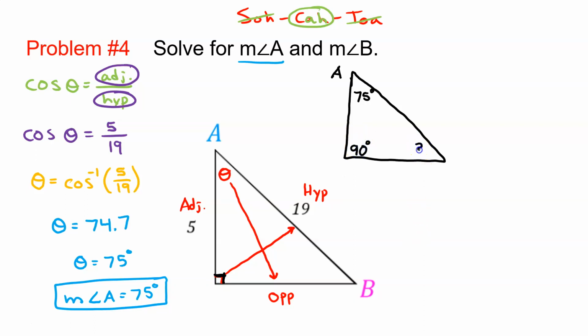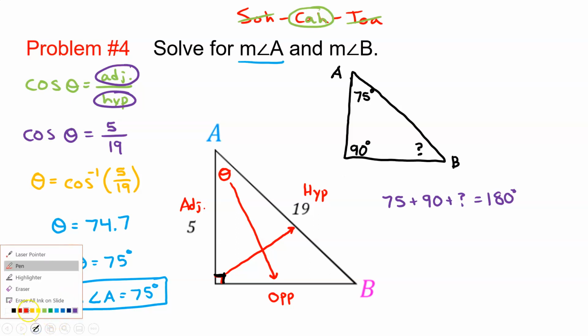Well, how much more should angle B be over here? Well, if you go through and add all three of them together, 75 plus 90 degrees plus that missing angle, that question mark there, I should get a total of 180 degrees. There's a total of 180 degrees when you add all three angles in a triangle. Well, what is 75 plus 90?